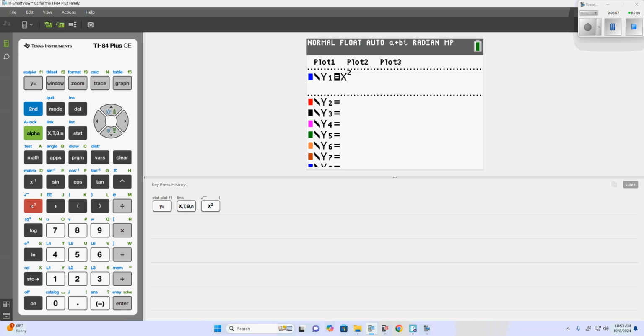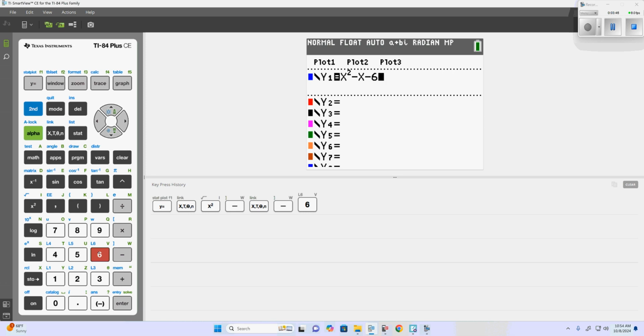Then squared, minus x, minus 6. We're just typing this equation into y1, because it will let us type this equation in and it will graph it.